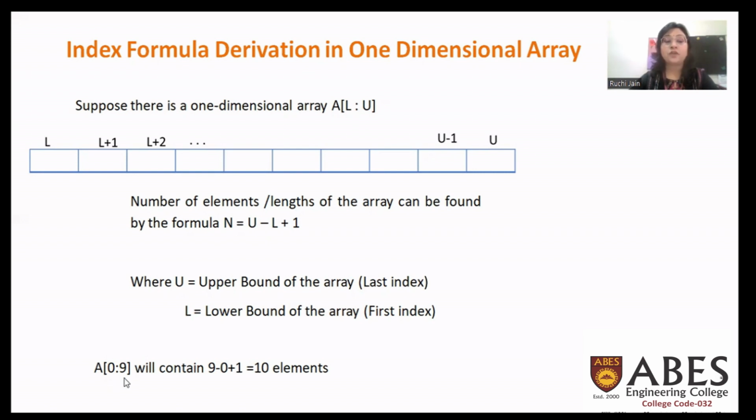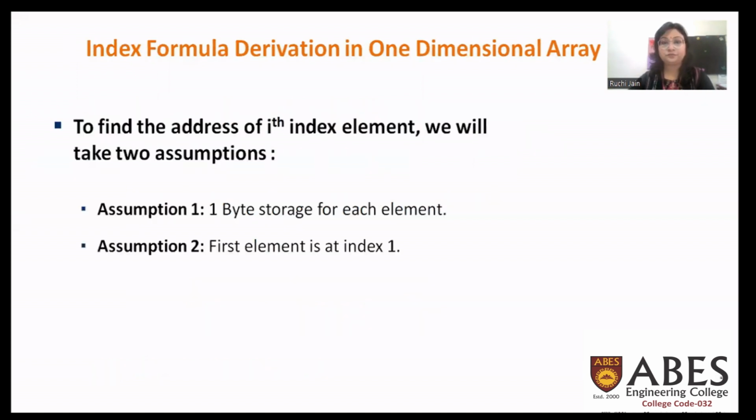Upper bound here is 9 and lower bound is 0. Then 9 minus 0 plus 1 equals 10. So the total number of elements in the array with size 0 colon 9 equals 10 elements.